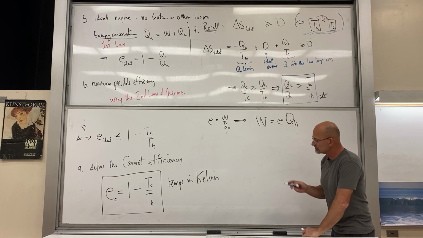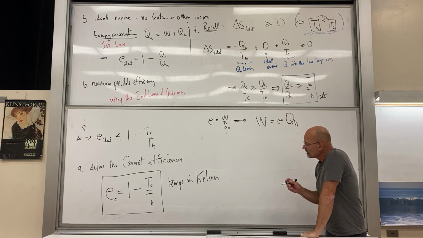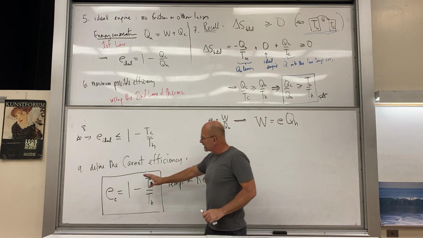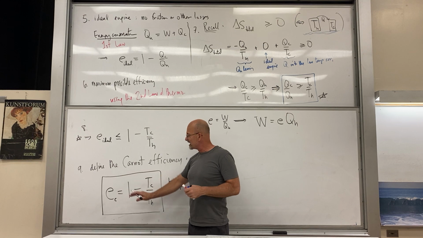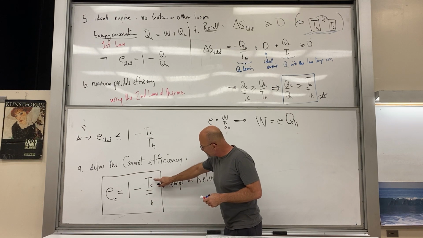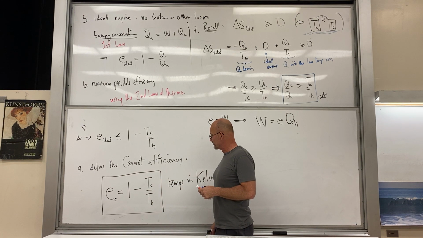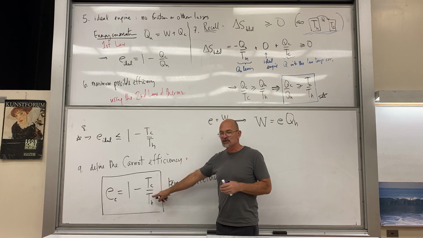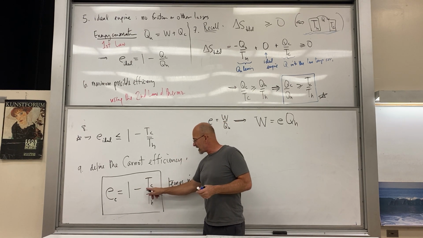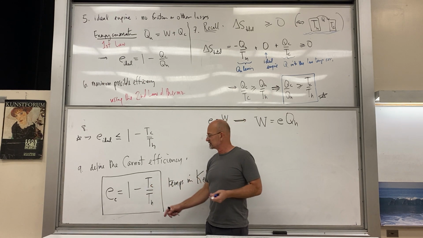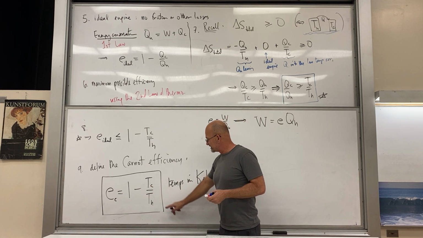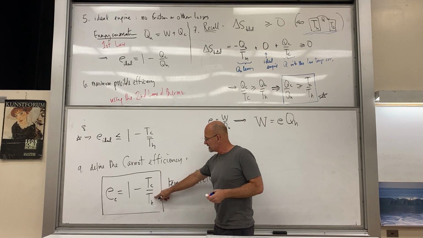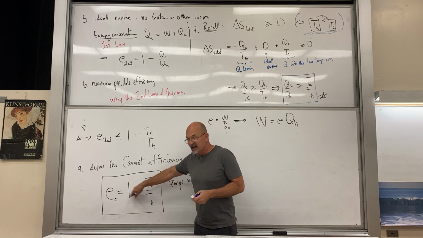So this is the maximum possible efficiency of a heat engine based on the temperatures it's running between. If there were no temperature difference, if Tc and Th were equal, it would be 1 minus 1 is 0.